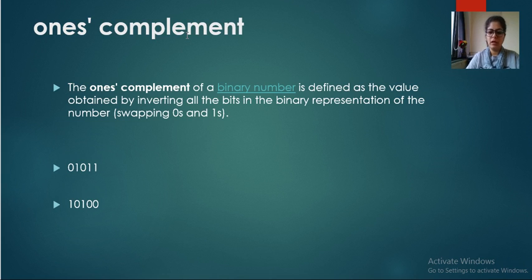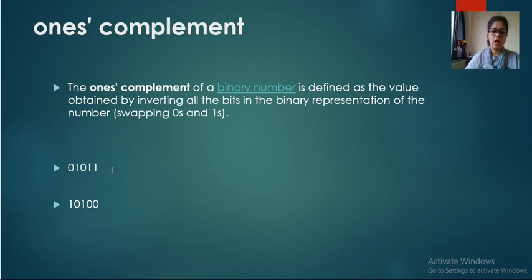It means if the given number is 0, you have to convert it into 1. If the given number is 1, you have to convert it to 0. That is ones complement. You know, students, that complement means inverse of a number. So ones complement is when we change it once to another bit.